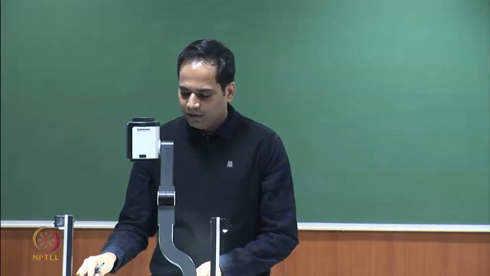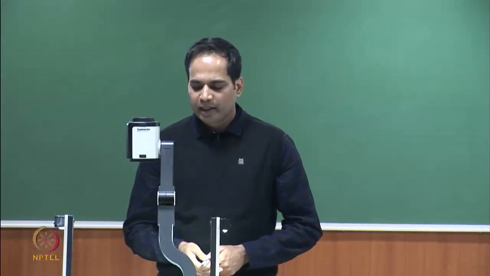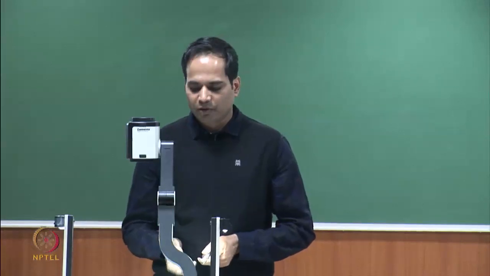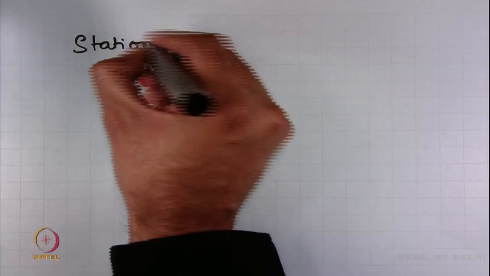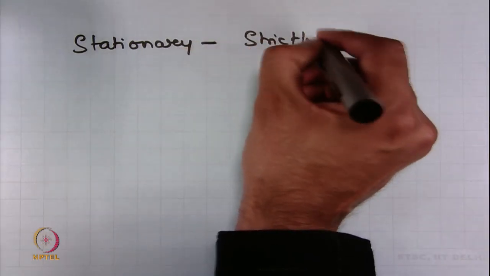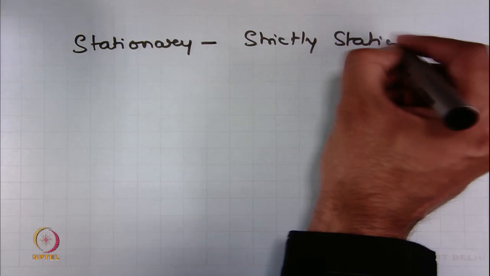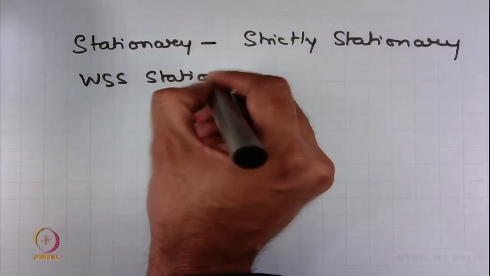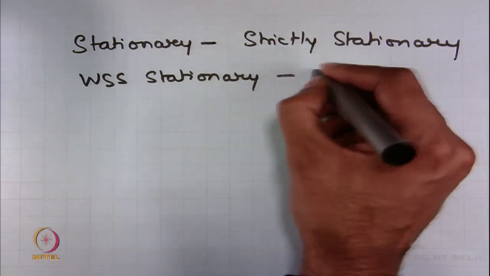Okay. So, there is some confusion in the language used. Sometimes the wide-sense stationary process is also referred to as a stationary process, right. To avoid any confusion in the words, sometimes these stationary processes are also referred to as strictly stationary processes, and these wide-sense stationary processes are referred to as wide-sense stationary processes.